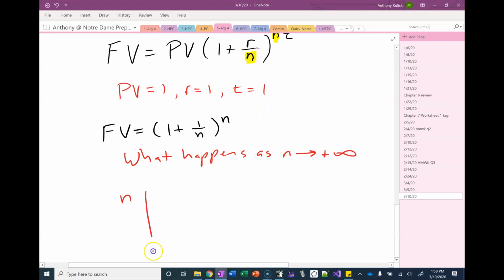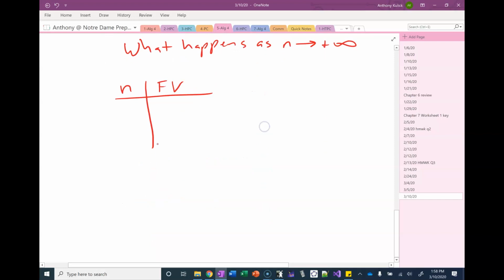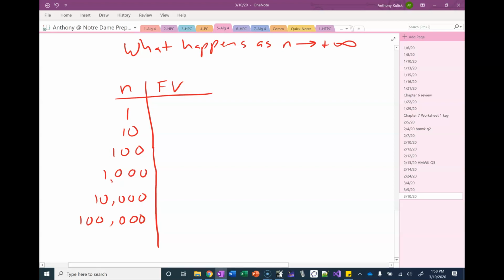So I'm going to make a little n, FV table. I'm just going to pick n's that are getting larger by one order of magnitude each time. We'll just pick a couple, and by that point we'll get a decent idea of what's going on, or we should.